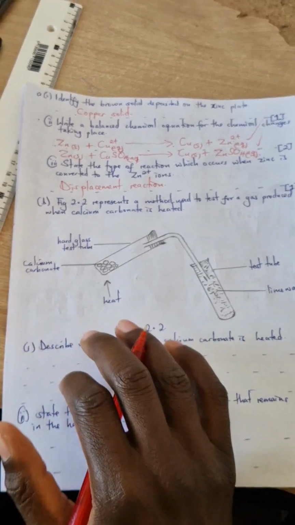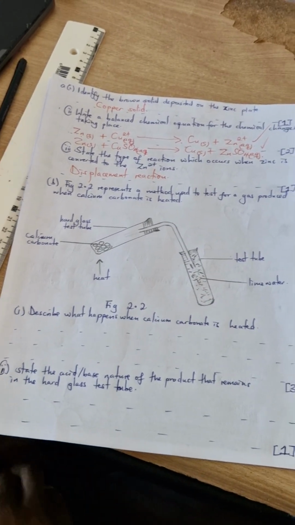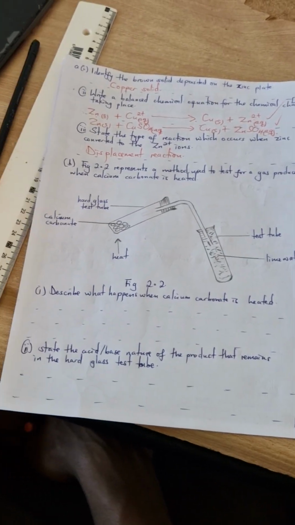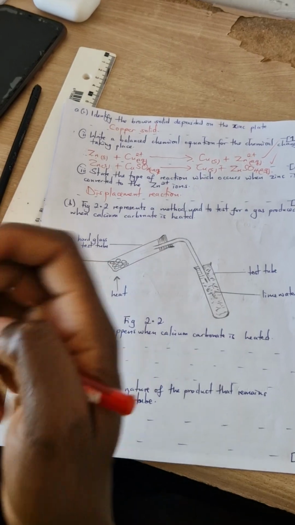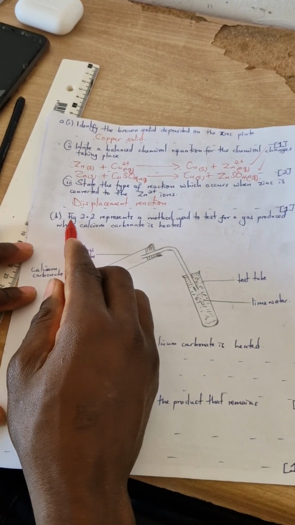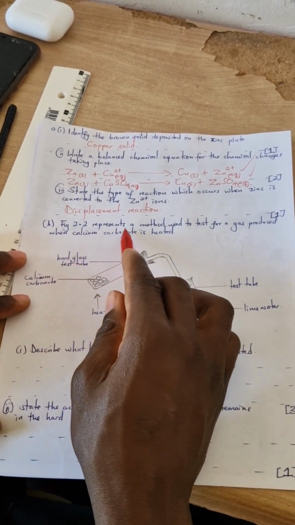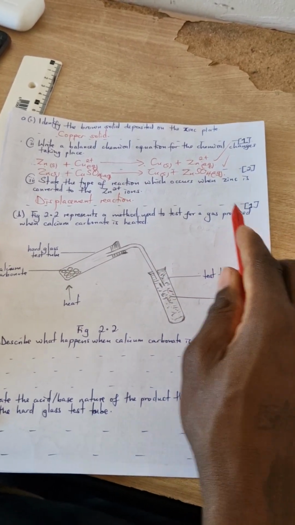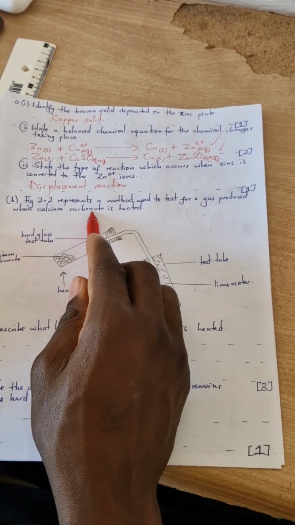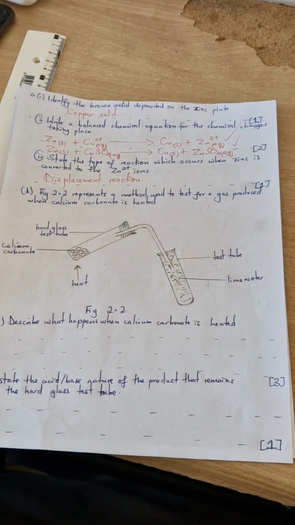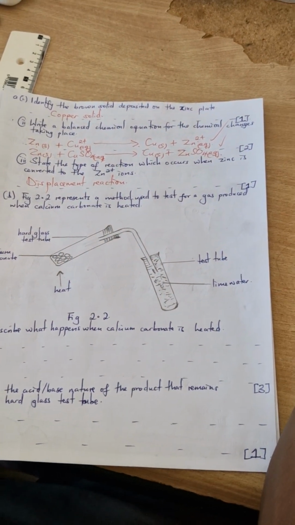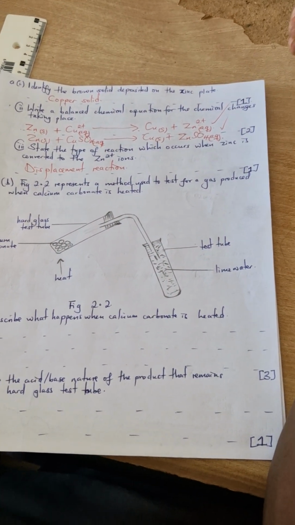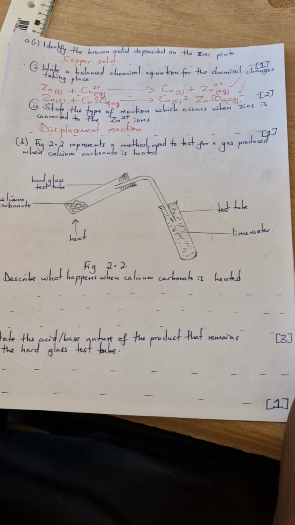Okay. Right. Then we now move on to part B. There is another diagram. So Fig 2.2 represents a method used to test for a gas produced when calcium carbonate is heated. So when we heat calcium carbonate, there are some chemical changes that take place.